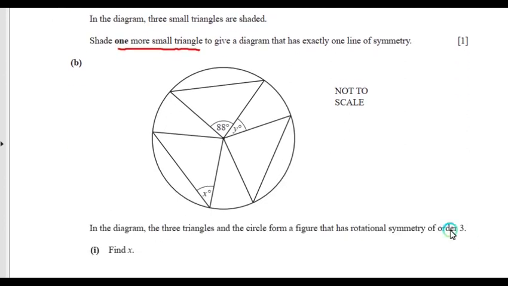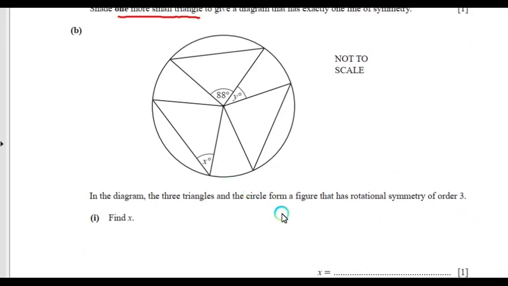Okay, next part B. In the diagram, the three triangles and the circle form a figure that has rotational symmetry of order 3. Find x. Rotational symmetry of order 3 means all angles should be equal because there are three triangles.